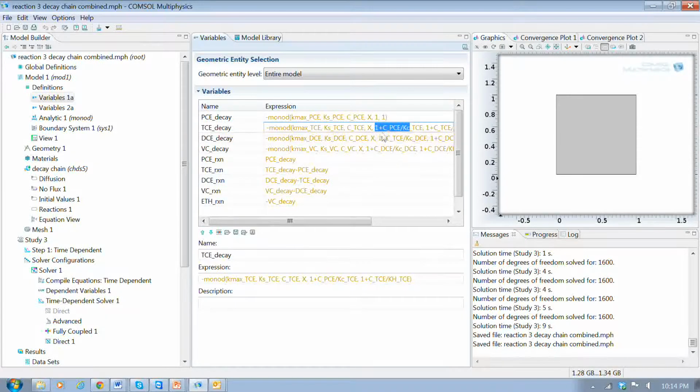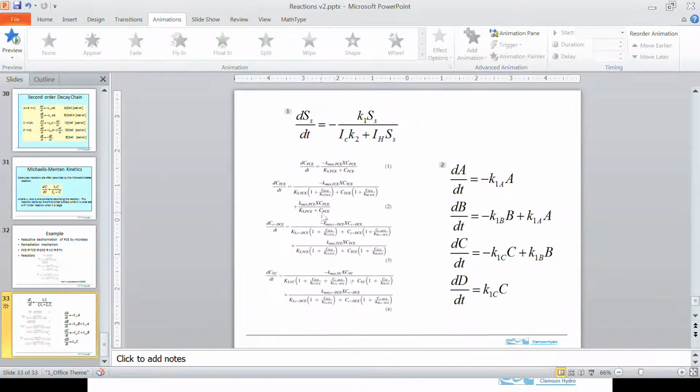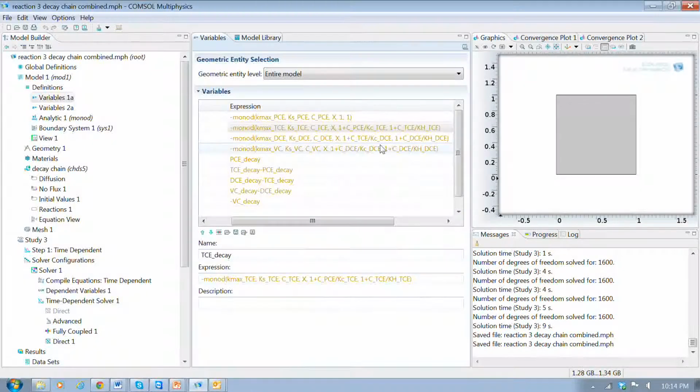That 1 plus CPCE divided by KCTCE, that's the inhibition term that we saw over here. That's that inhibition term right there. Okay, so we've got another inhibition term here.